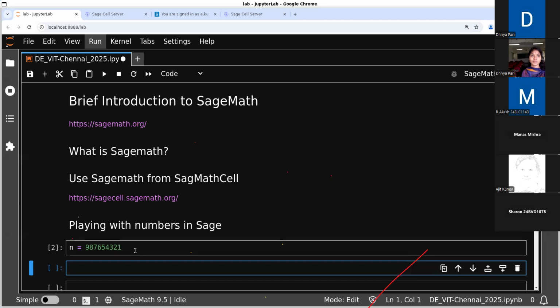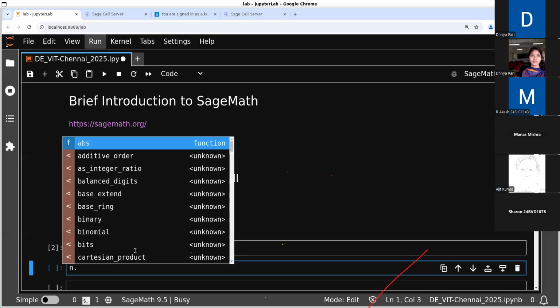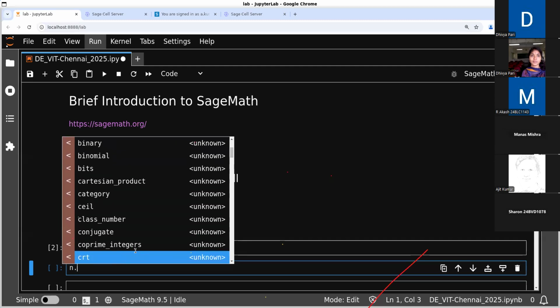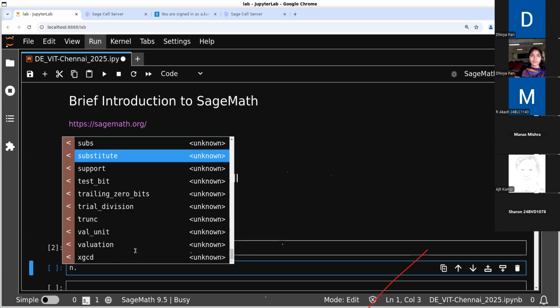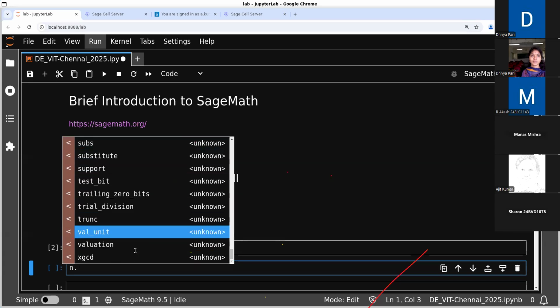You use that object dot, right? Dot operator. So here also you can do n dot. If I say n dot and press tab, it will give me a whole lot of options. These are the methods which can be applied. So in principle, I don't need to remember any of these commands. I can just look at this tab, and then it will give me the option.